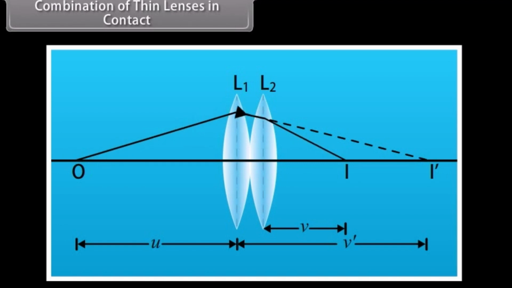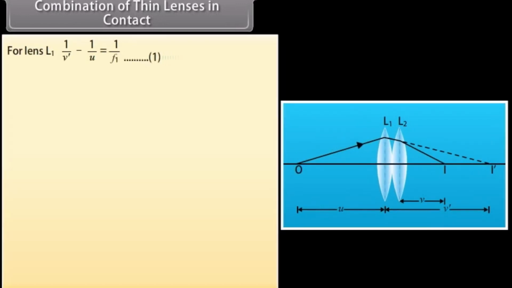That is, I' is the image formed by the first lens, L1, alone. If v' is the distance of image I' from the lens L1, then for lens L1, 1/v' minus 1/u is equal to 1/f1, name it as equation 1.